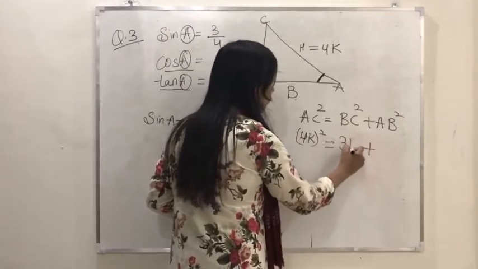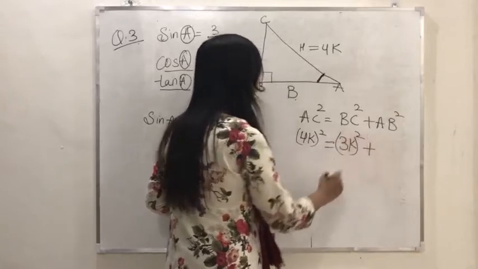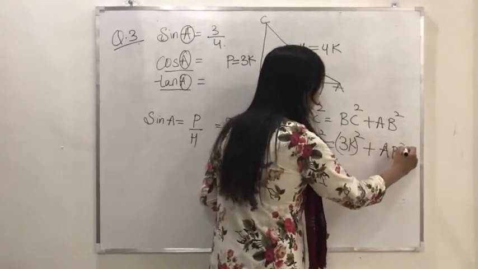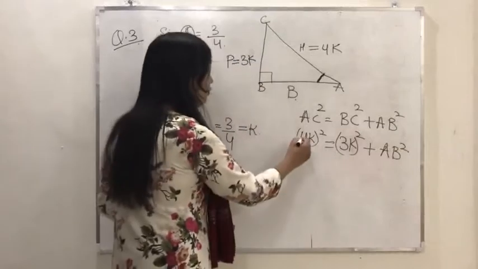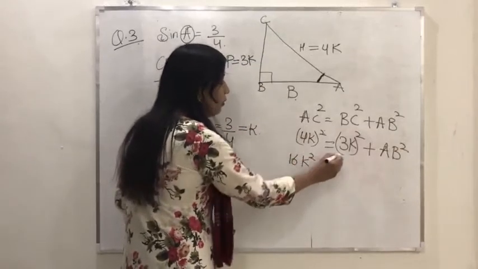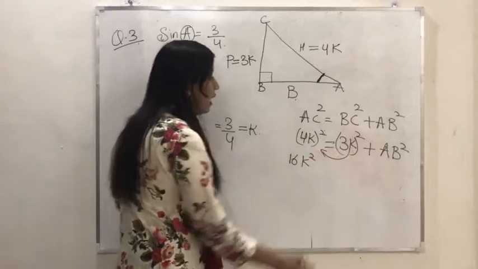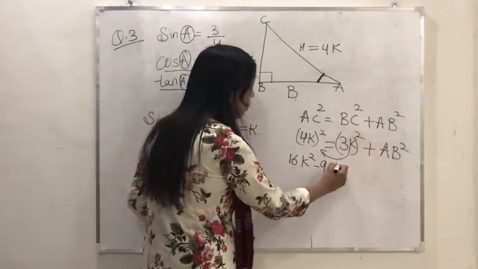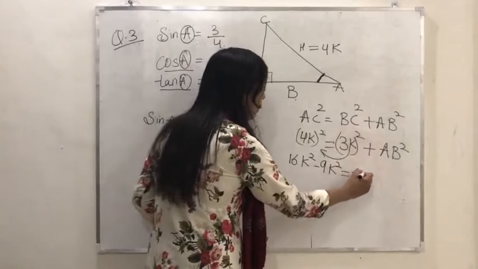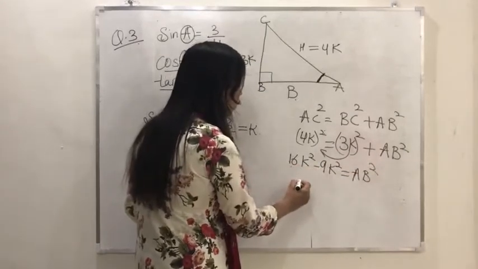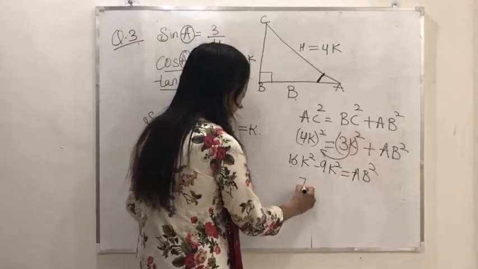And value of AB is not known to me. So I will write here AB square. So now what is 4 square? It is 16k square. I will take this to left side. So it will become minus 3 square, that is 9k square, is equal to AB square. So 16 minus 9 will be equal to 7.